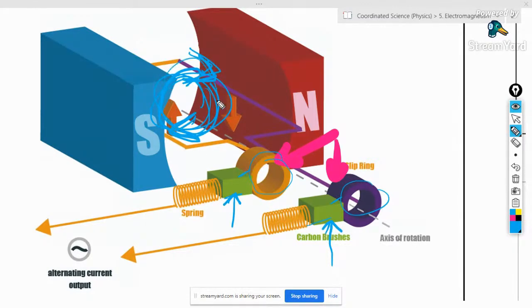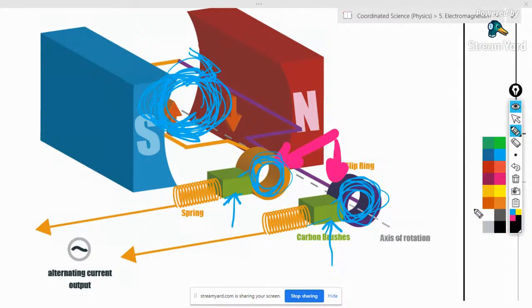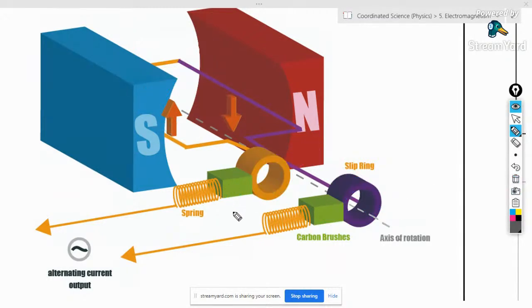Because as this coil of wire is spinning around and around, these slip rings are also spinning around and around. And these brushes right here, all they do is keep in contact right here. They're just maintaining contact with that.